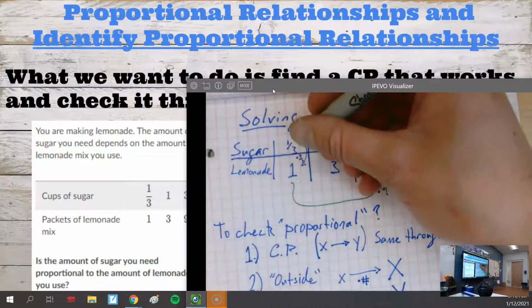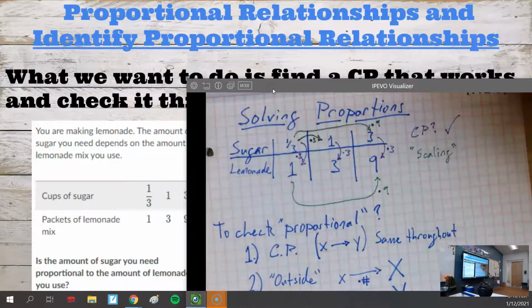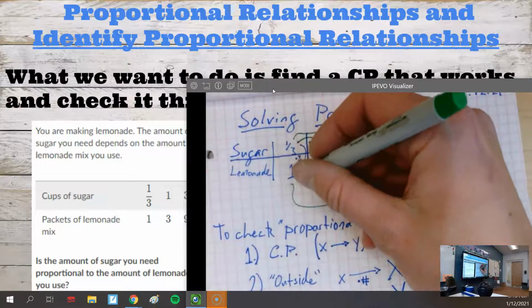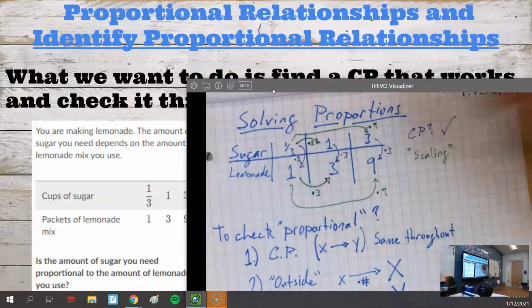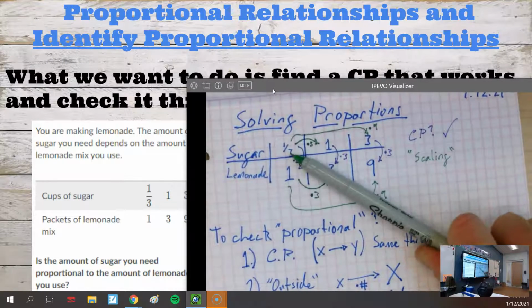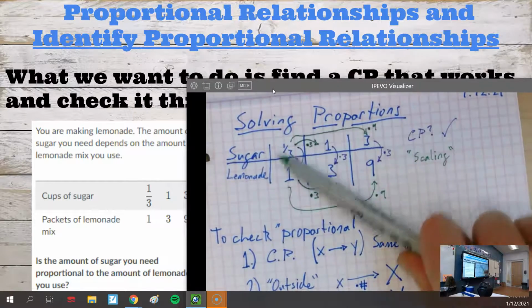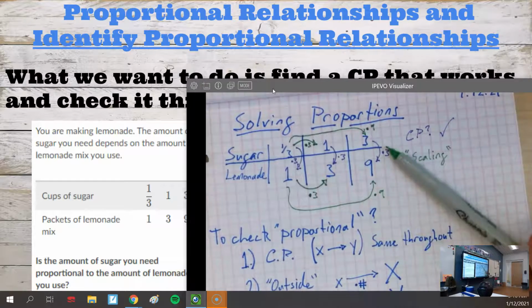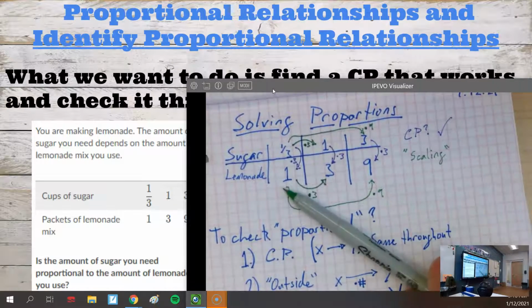If I just go from the first x to the second x, this is times 3. That's a different 3 than our constant of proportionality. They just so happen to have the same number. But our scaling is checking from a smaller x to a bigger x, which is why I'm looking at the times 9, going from the beginning to the end. And then you check, does the smaller y and the bigger y do the same thing?